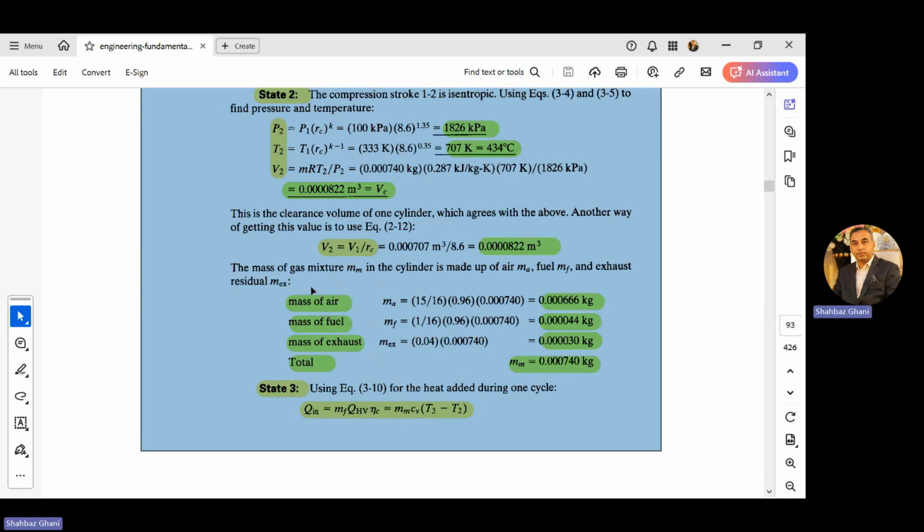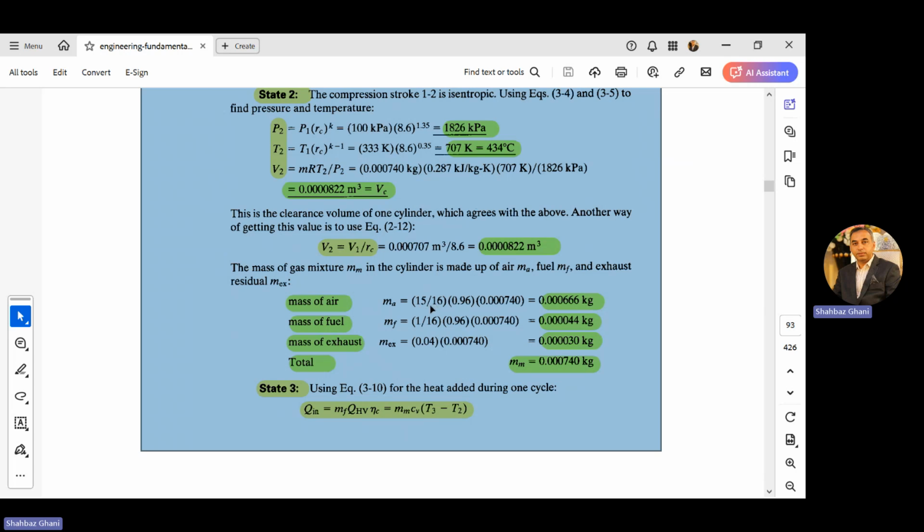Now, let's find out the mass of the air, the mass of the fuel, and the mass of the exhaust residue which is inside. The mass of the gas mixture in the cylinder is made up of mass of air, mass of fuel, and exhaust residual. For mass of air, Ma, 15 is the air-fuel ratio of isooctane fuel which we are using.